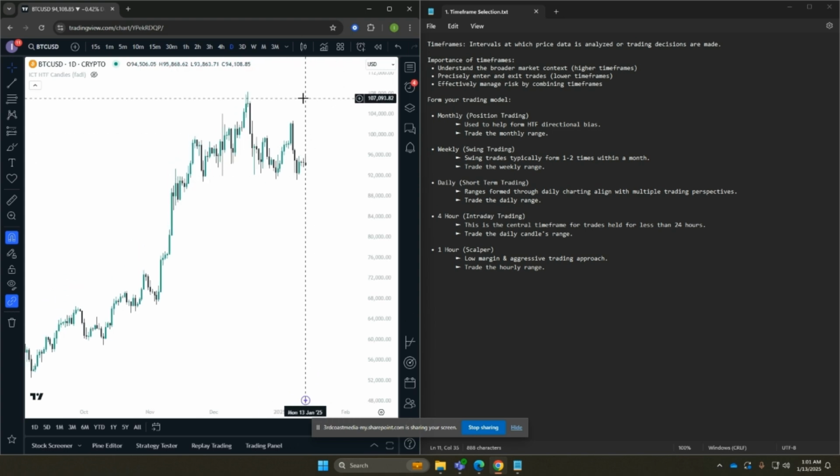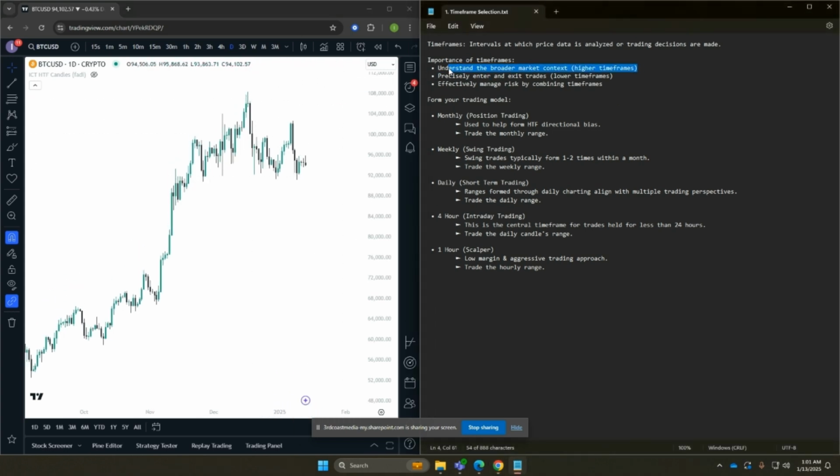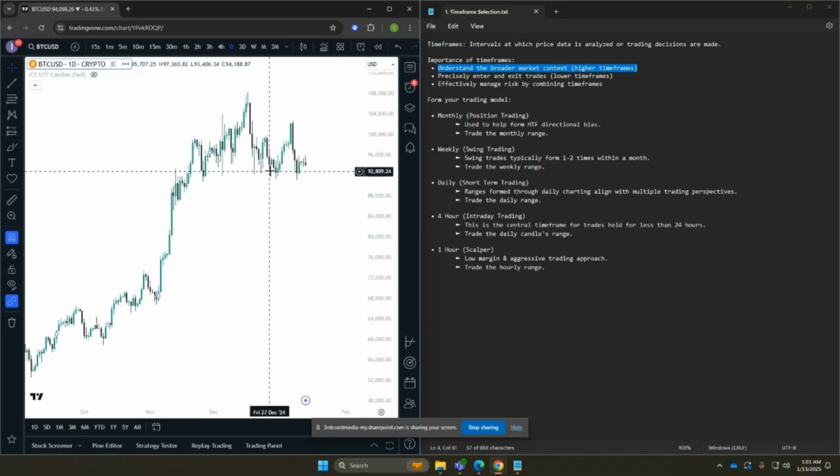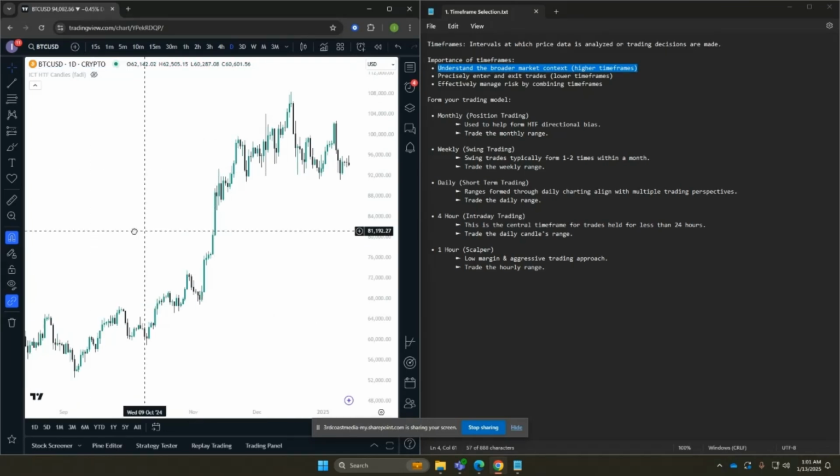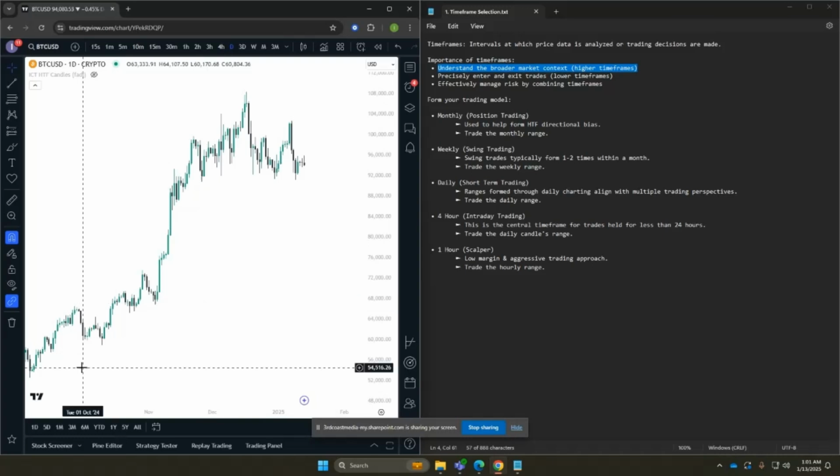For example, if you look at the chart right now, each of these candles represents a day's worth of price action. So this is a lot of days from October. If you look at the cursor, following the cursor down, you should see the date.